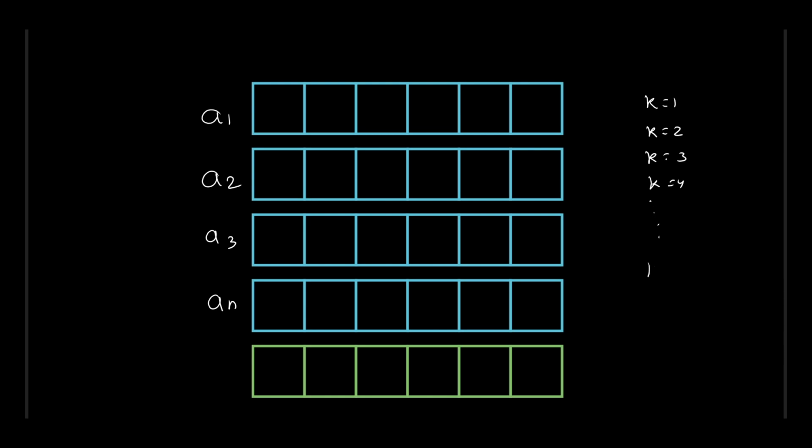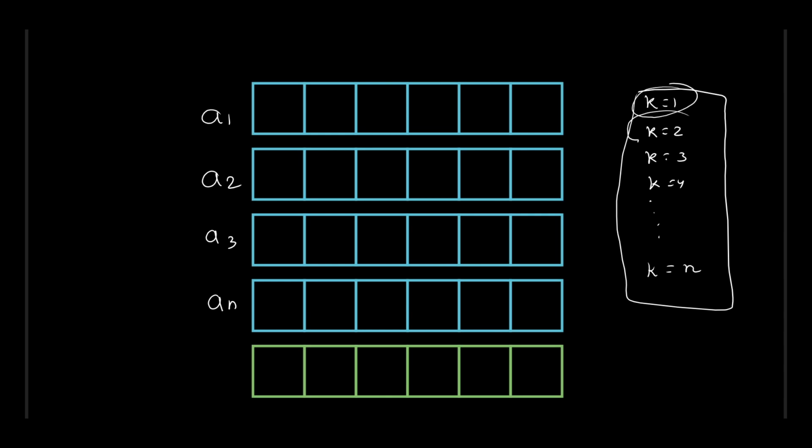That is, compute the bitwise AND of all the subsets of size 1, then compute the bitwise ANDs and sum it up for all the subsequences of size 2. Then you should be able to do it, because we have concluded that the only thing that matters is the count of the set bits in each bit position.